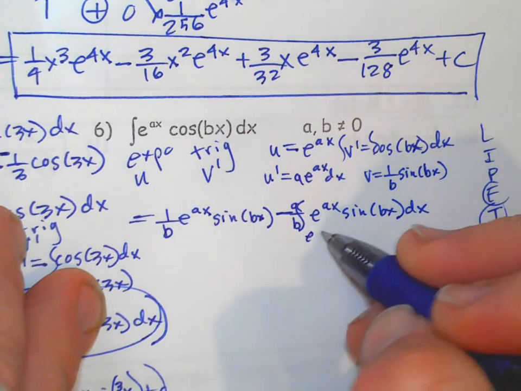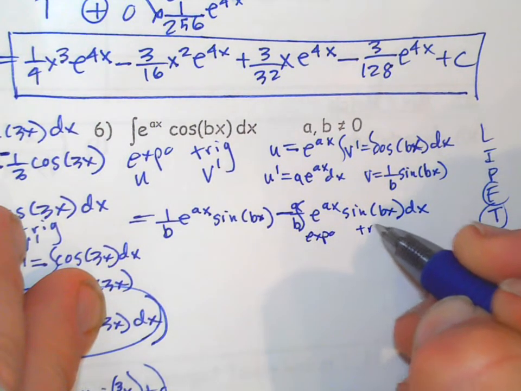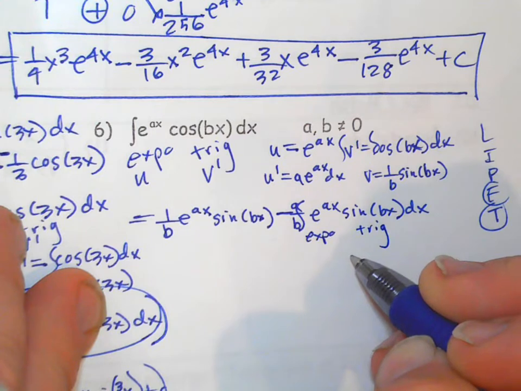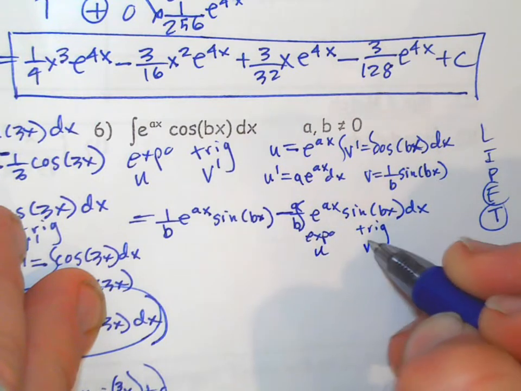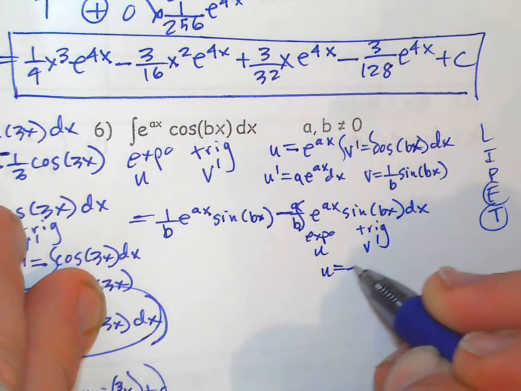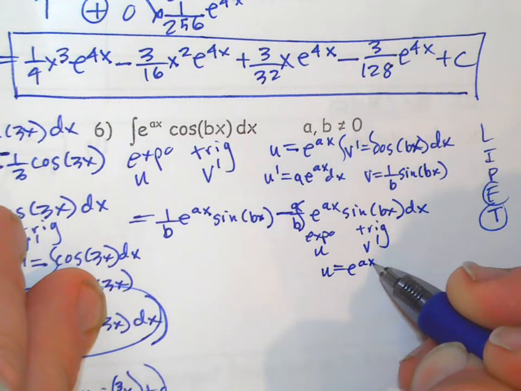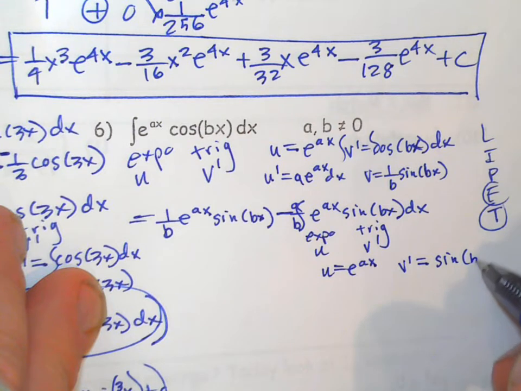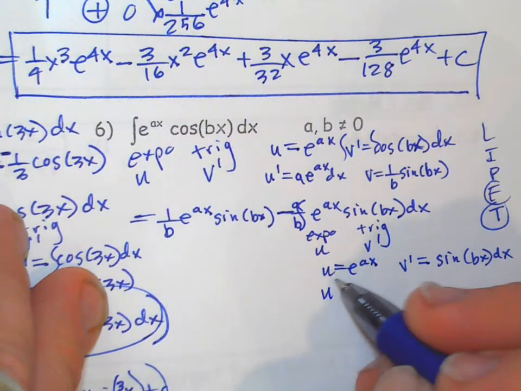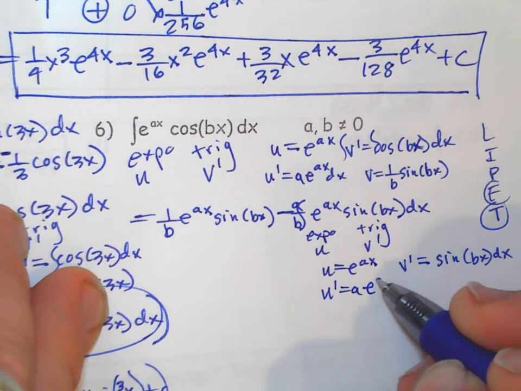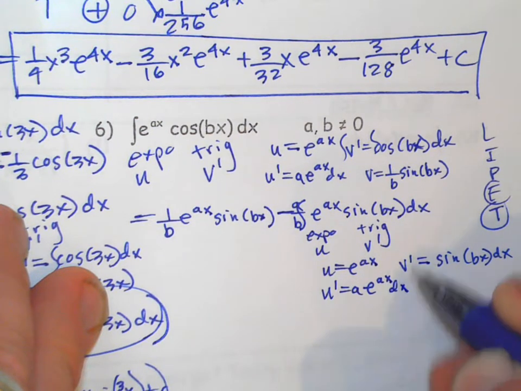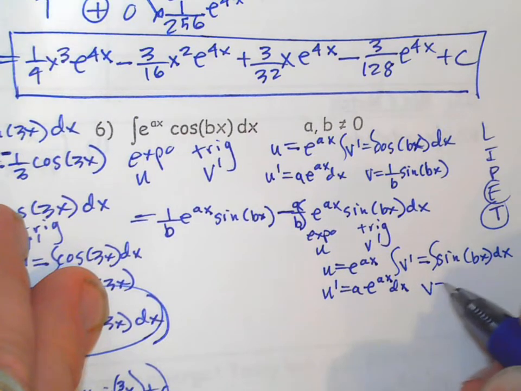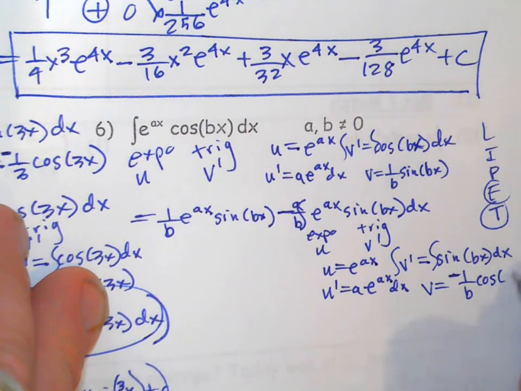So Expo, Trig, this should be u, this is your v prime. So u equals e to the ax, v prime equals sine bx dx. So I'm going to take a derivative of this, a e to the ax dx, integrate this, v equals -1/b cosine of bx.